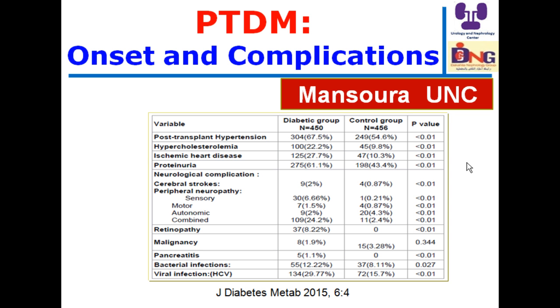So all these are increased, as well as pancreatitis, bacterial infection, and viral infection, principally HCV. So the presence of diabetes post-transplantation is bad news and associated with many cardiovascular risk factors.